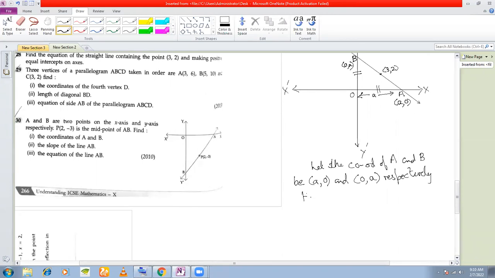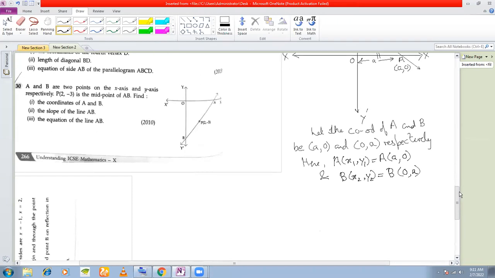So here A is (x1, y1), let's say (a, 0), and B is (x2, y2), let's say (0, a).